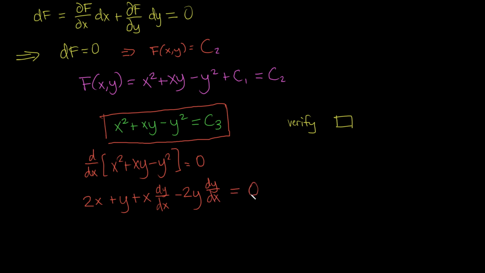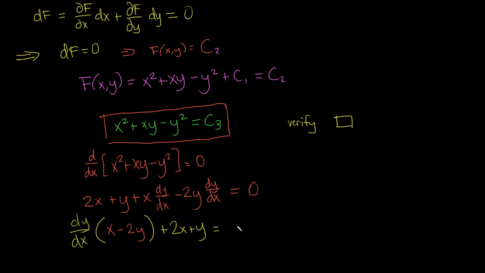This all equals 0. Now if we factor out the dy/dx, we get dy/dx times x minus 2y, plus 2x plus y, and that all equals 0. We don't actually have to subtract to the other side; let's just keep it on the same side, because we're going to get it into differential form anyway.